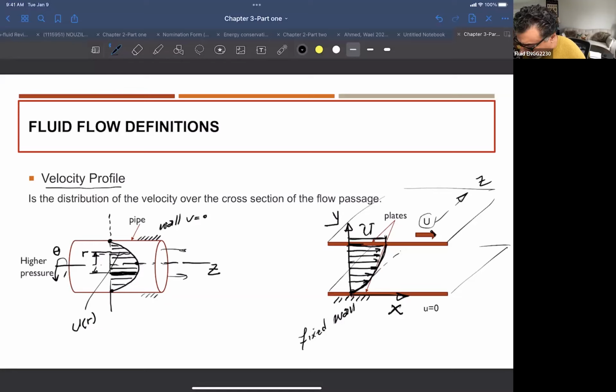This is how many meters per second, this is less meter per second, this is less, less and less until it's 0 here, right? So you can just look at this as the scale of the arrows that I'm plotting here is the scale of the velocity. The more the velocity, the bigger the arrow, right? So we call this what we call the velocity profile. Okay, and this is very important to understand fluid flow, right?